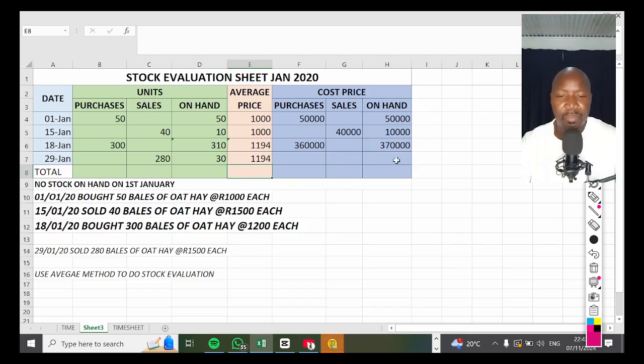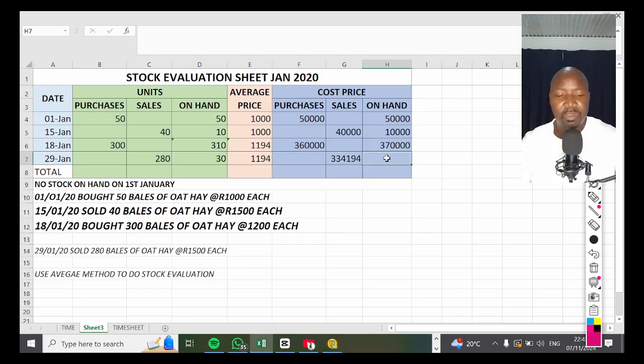Now we have to close the balance this side. Then because we were selling, we have to come to the sales column and do equal sign and say we are selling 280 units at what cost price? At 1,994. Enter.